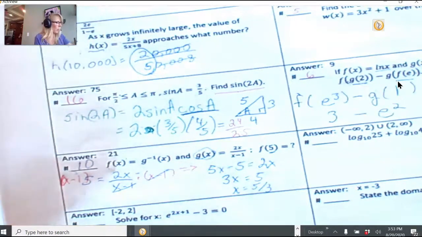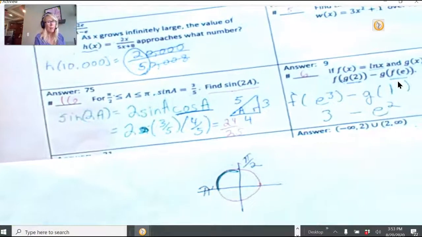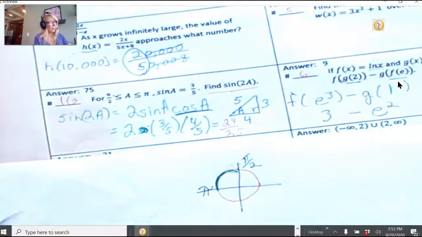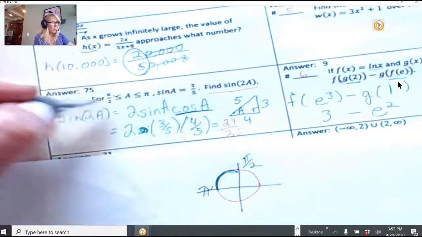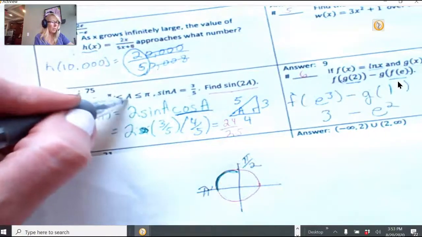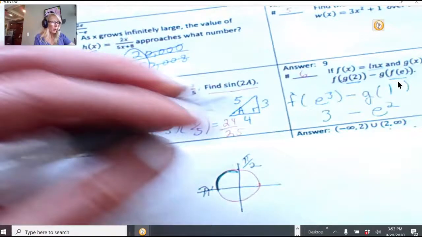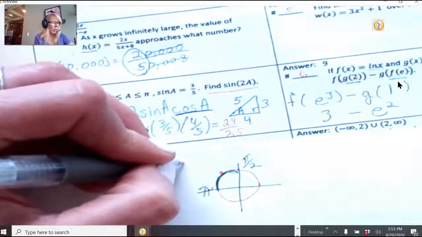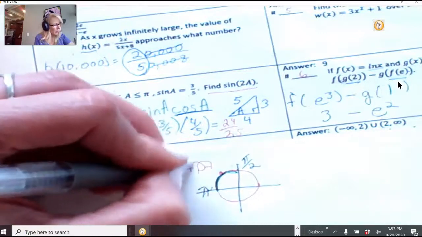And that's where we have to remember, oh yeah, our A value, our angle value, falls between pi over 2 and pi. So that means it's in this quadrant, which means my sine will always be positive, but my, oops, I just did that wrong.